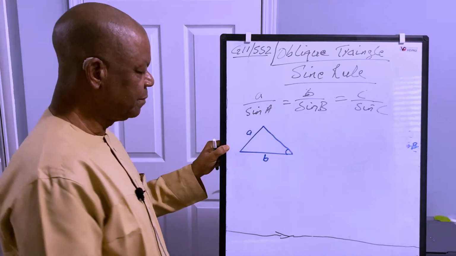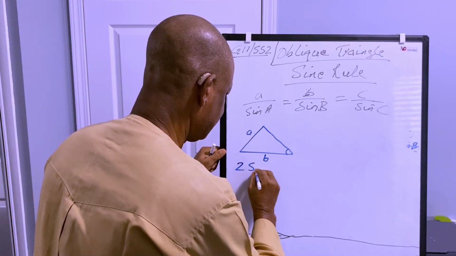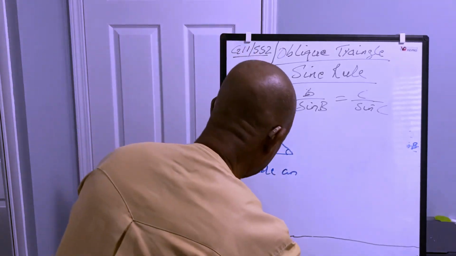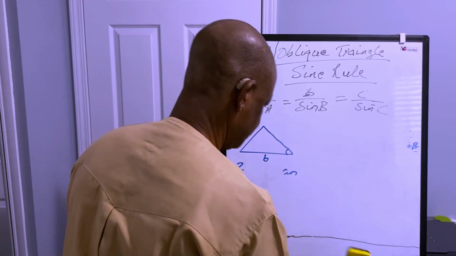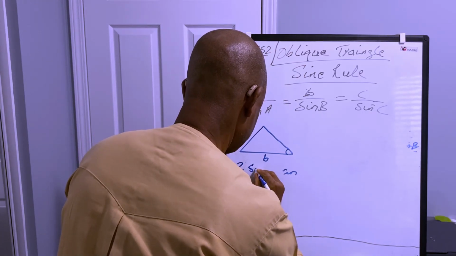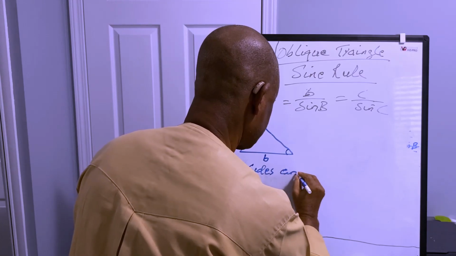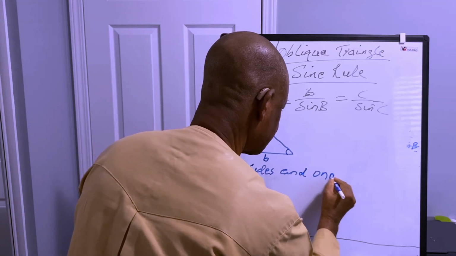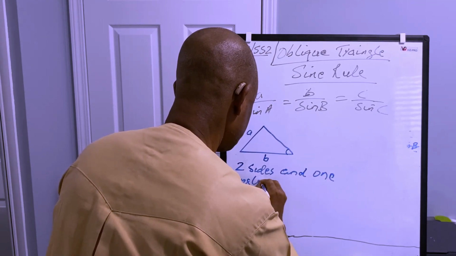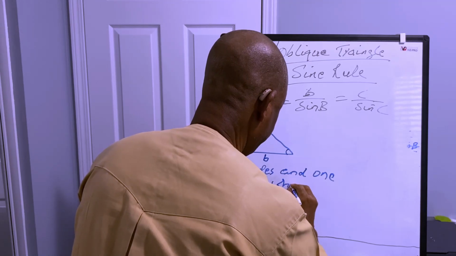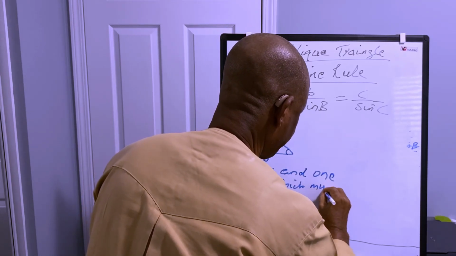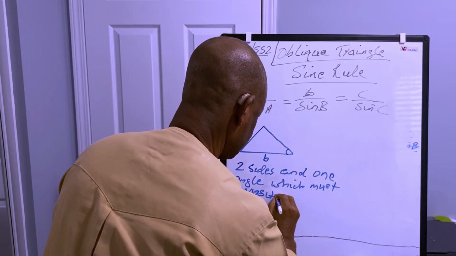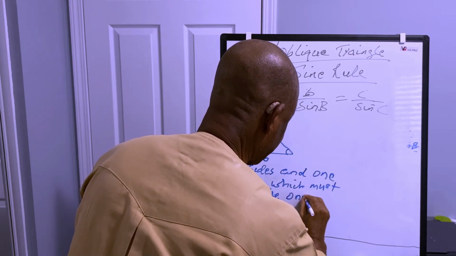That is why we say two sides and one angle, which must be opposite one of the given sides.